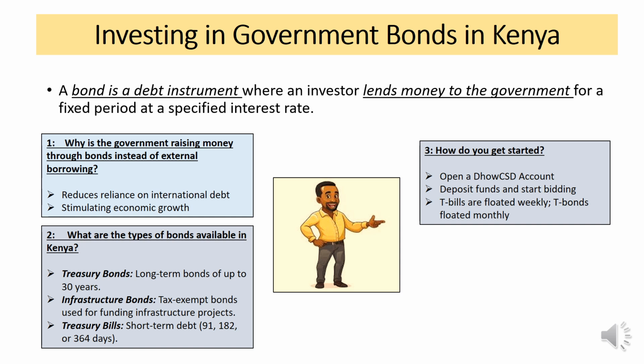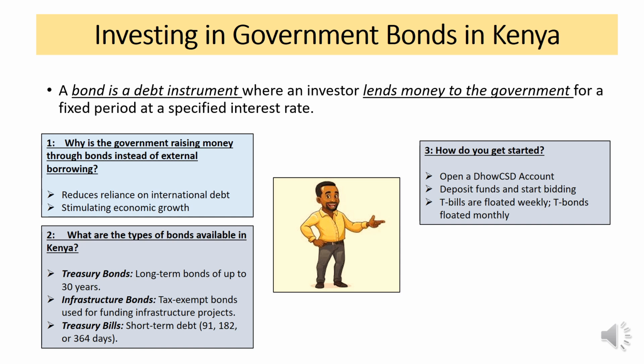You log into your DhowCSD account, check out which bonds are on offer, and make a bid. Once you bid, the central bank will vet all the bids received and then allocate to whoever has been selected.